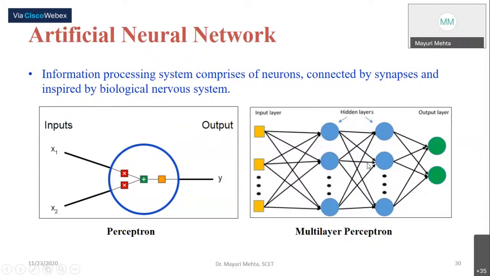Hidden layers: all the middle layers are considered hidden layers, and it can have multiple hidden layers. There can be a single hidden layer also, as in the case of a perceptron, or multiple hidden layers. And these hidden layers perform various types of mathematical computations on the input data and recognize the patterns that are part of this data, right?